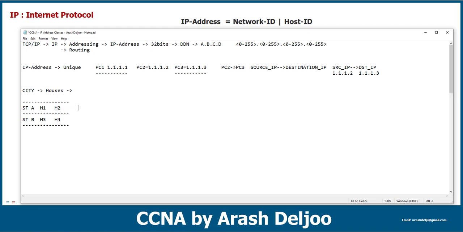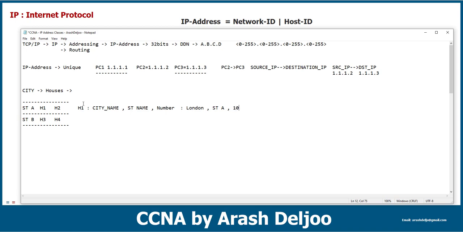The address of house 1 can use this structure: city name, then street name, and after that the number of the host. For example, the host 1 address is London, then street A, and after that the number is 10.